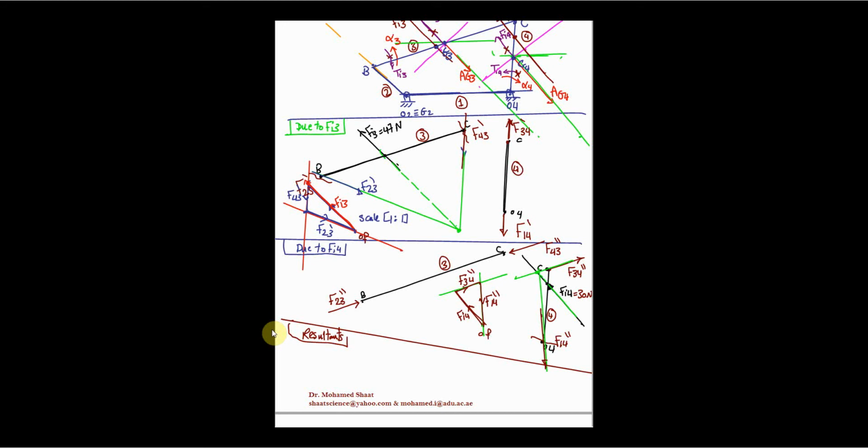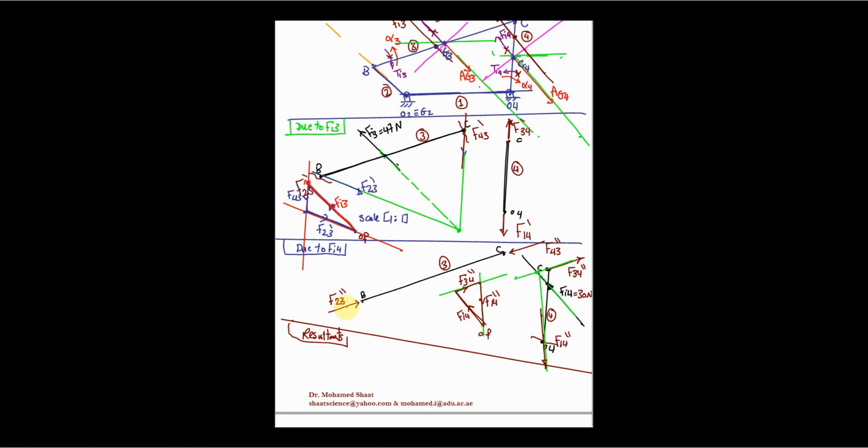Now let us work, for example, starting with the F2. For the F2, we do have F2 dash, this is the direction of the F2 dash force, and we got F23 double dash, this is its direction and its value, which is the 17 Newton that we already got before.